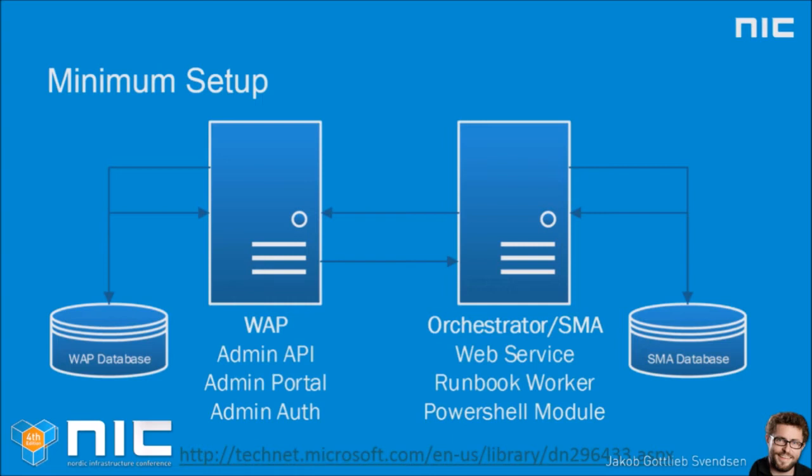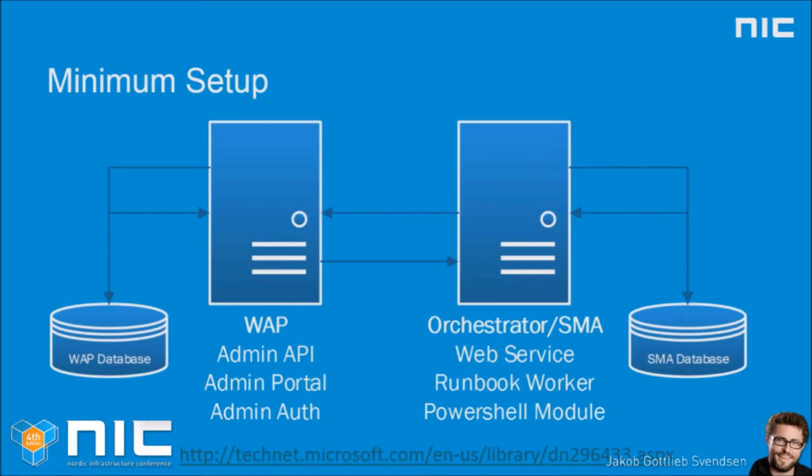So as you can see, in my recommendation, the absolute minimum would be one server for Orchestrator, for the web service, and for the runbook worker, and for the PowerShell module. And then another server for the actual admin portal and the web service that actually authenticates you for the admin portal. So it's just a few components of Windows Azure Pack that you would need.